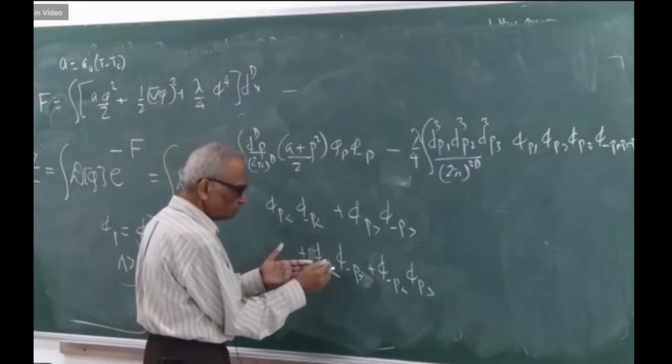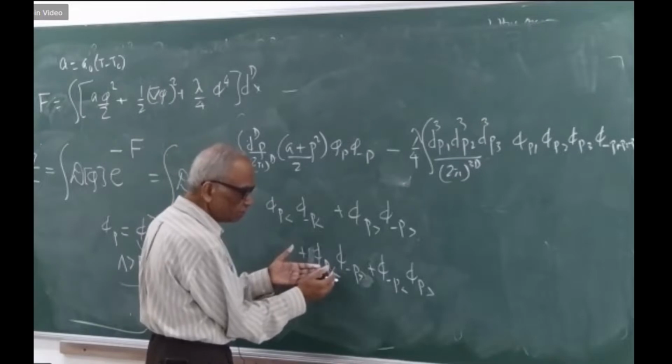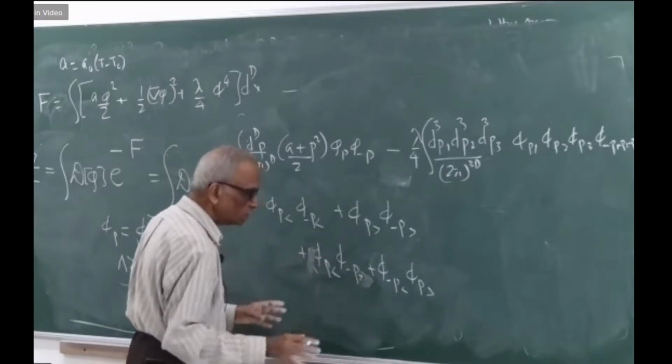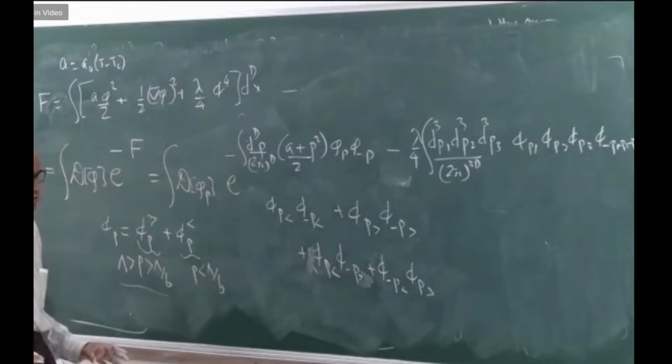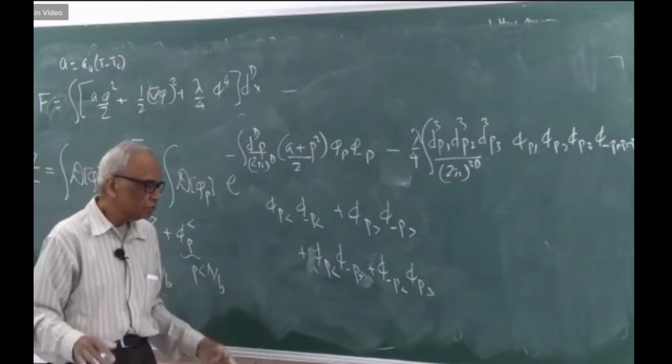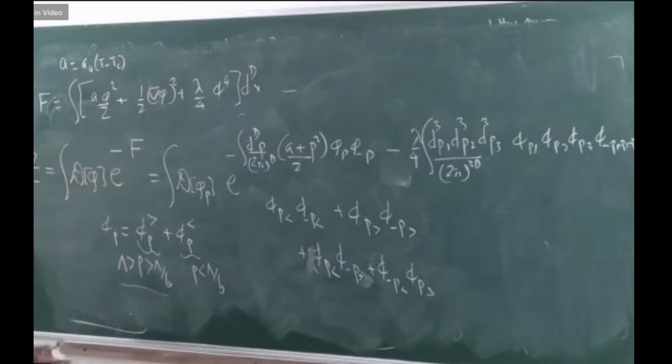If I have phi p something here and phi p something else over here, that does not contribute to the functional integral, and therefore we didn't have to worry about the quadratic part.